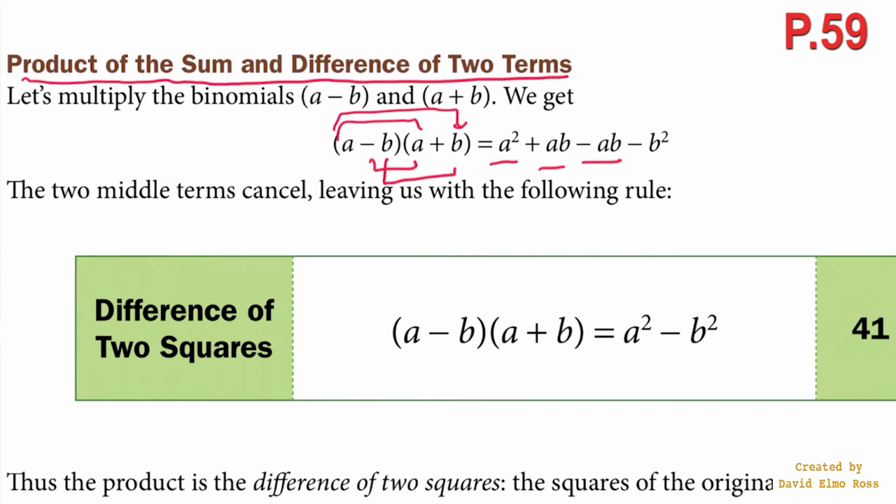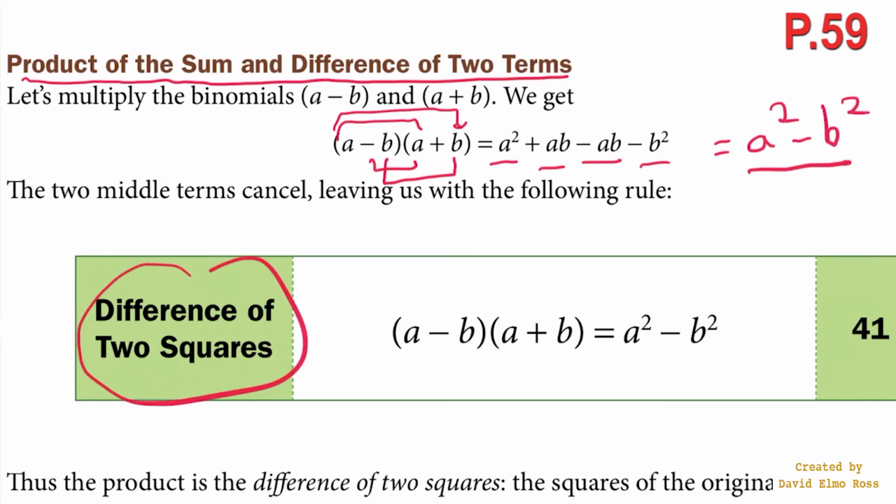The last term, which is minus b times b, which is minus b squared. Now if we simplify that, the middle terms cancel, and it's simply going to be a squared minus b squared. So this is going to give us this difference of squares that we see here. That if we multiply a minus b times a plus b, we're going to get the first term squared minus the second term squared.